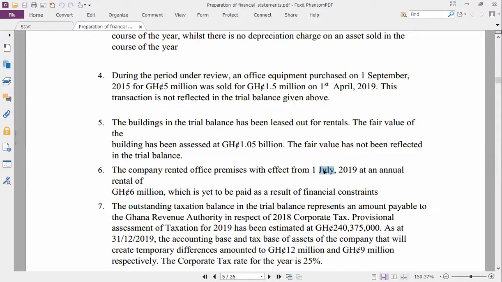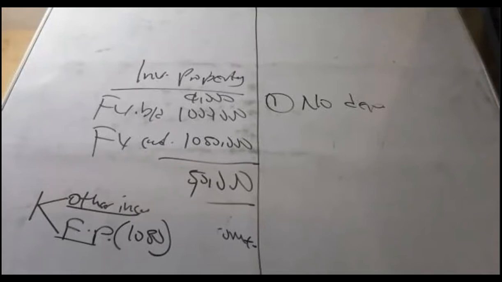Because from July 2019 up to December is 6 months. Good. So that's why the dates or the reporting year is a bit critical. It can make a lot of changes.